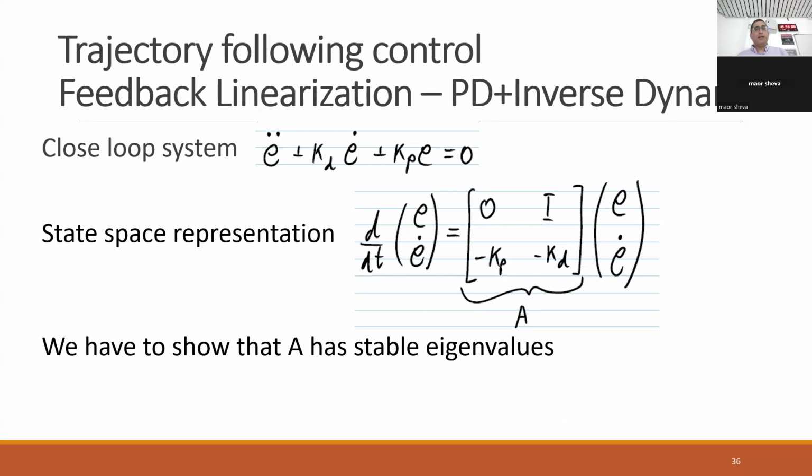So now what is left to prove is that A is a stable matrix, so all of its eigenvalues are in the open left half plane. Or what are the conditions for KP and KD such that A will have eigenvalues in the open left half plane.